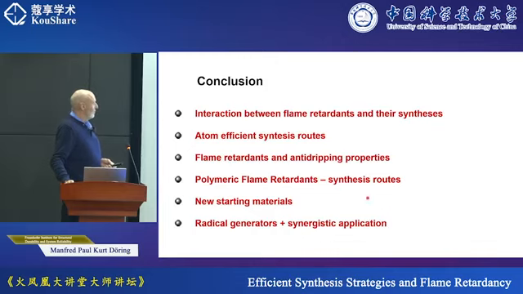That's why synthesis routes are of interest. New starting materials are always interesting, in particular if these are cheap and very easy to get materials. And last but not least, I discussed radical generators, especially in synergistic applications.